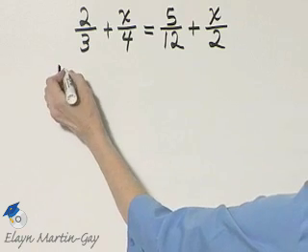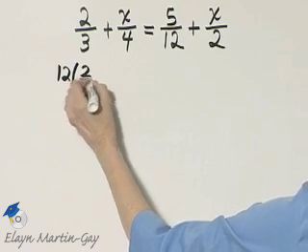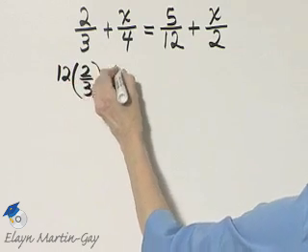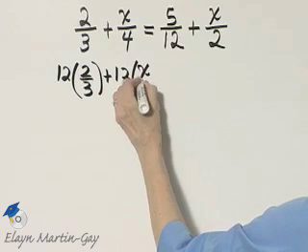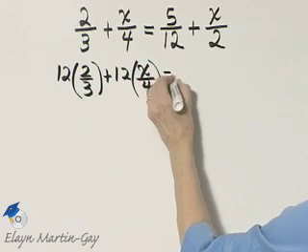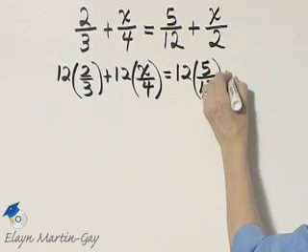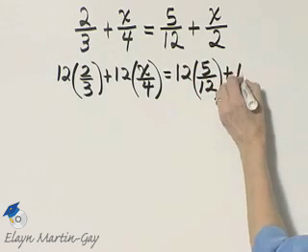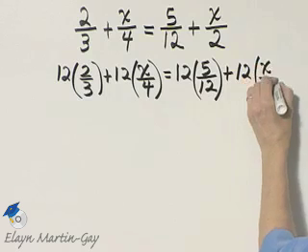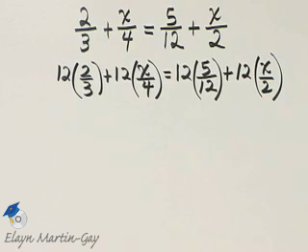So the first term by 12, 2/3, plus 12 times x over 4 is equal to 12 times 5/12 plus 12 times x over 2. And now let's simplify.